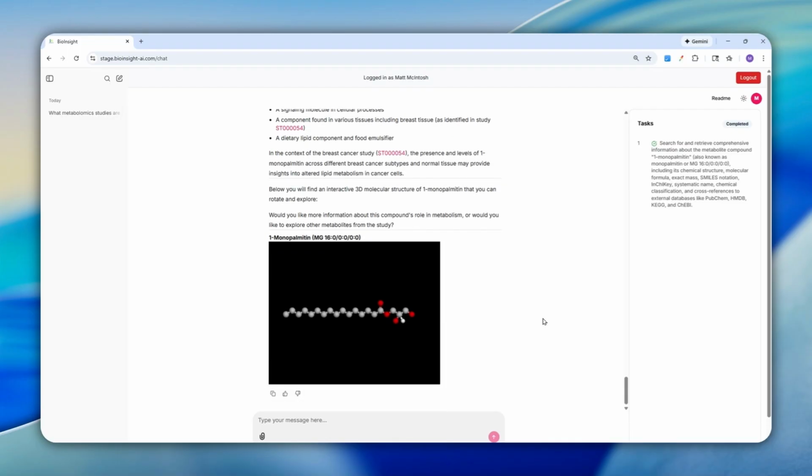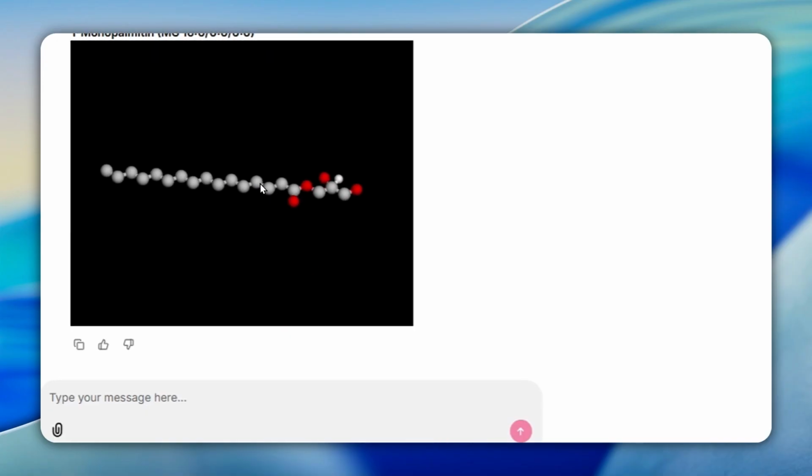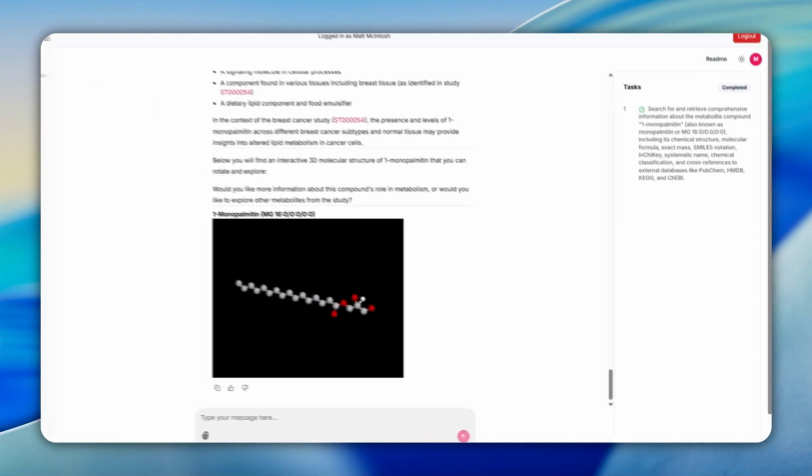Here, BioInsight presents a fully interactive 3D model of 1-monopalmitin. You can rotate and zoom the structure to explore it from any angle.